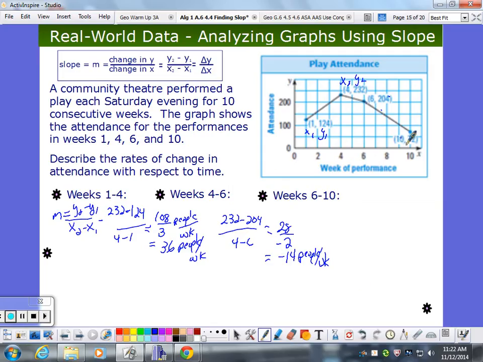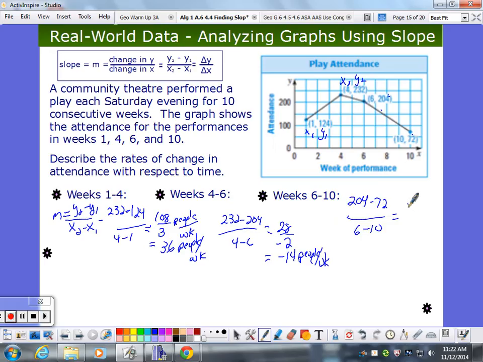And then what happened, this final run here, let's find the slope. Subtract the y's. I think that's a 72. And then subtract the x's. 6 minus 10. What is 204 minus 72? Negative 132?